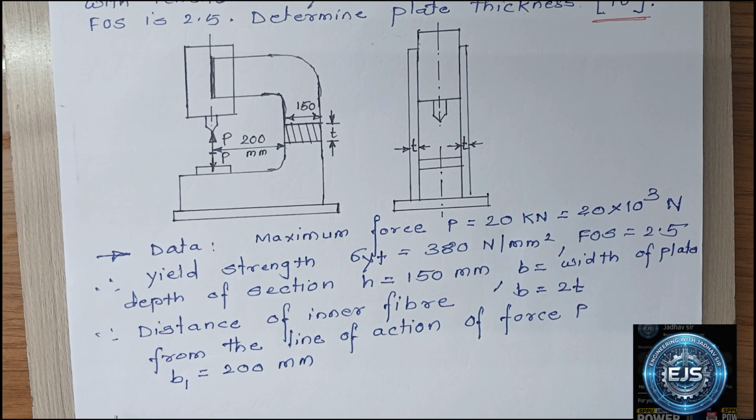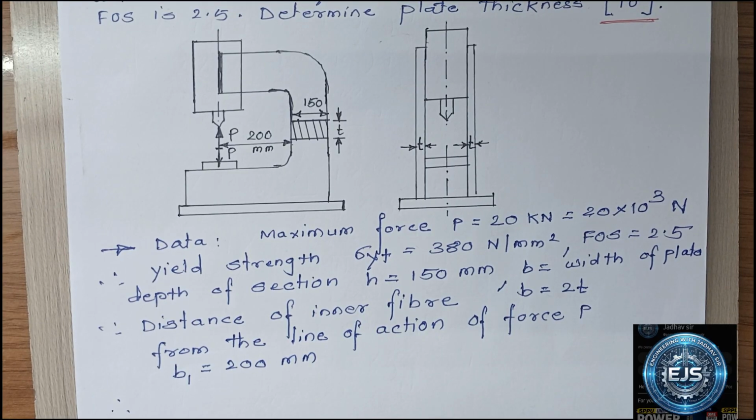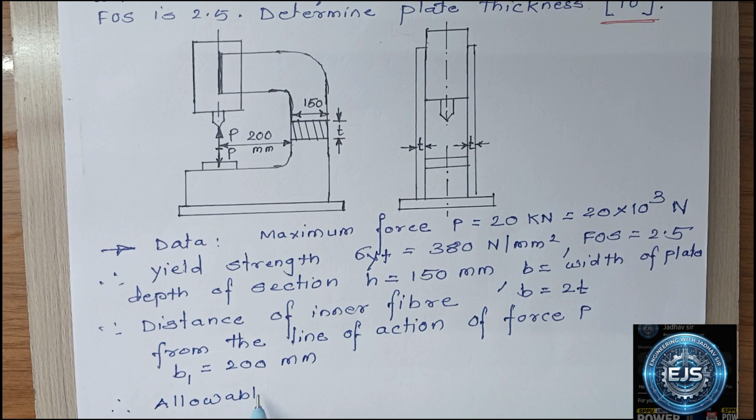Now the yield strength in tension is given to us. Sigma YT is equal to 380 Newton per mm square, and factor of safety is 2.5. So now in this problem we have to find out the plate thickness. So the very first step, we have to calculate the allowable tensile stress in the steel plates.